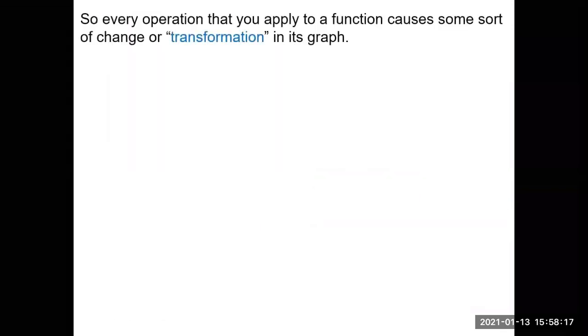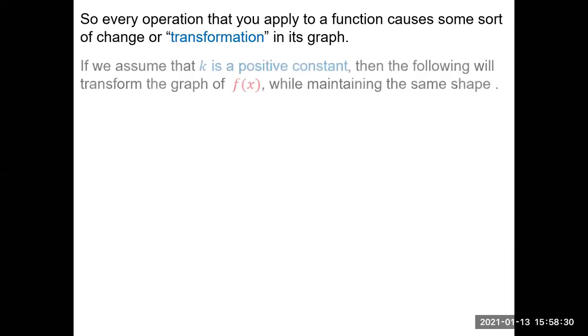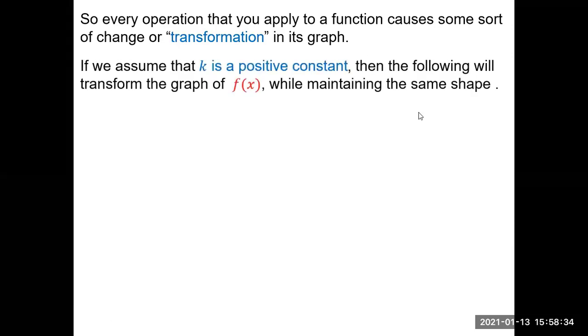So let's sum this up with how to recognize each of these transformations, because every operation that applies on some function causes some sort of change or movement on the graph. So more specifically, let's assume that k in my formulas here is going to be some positive constant.